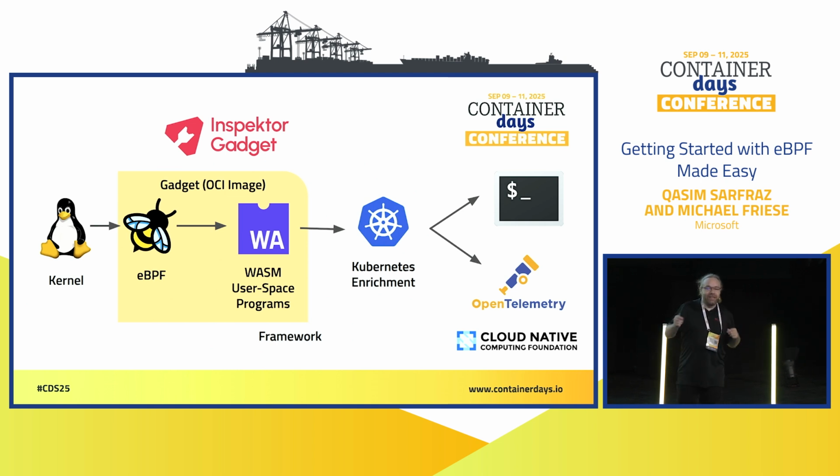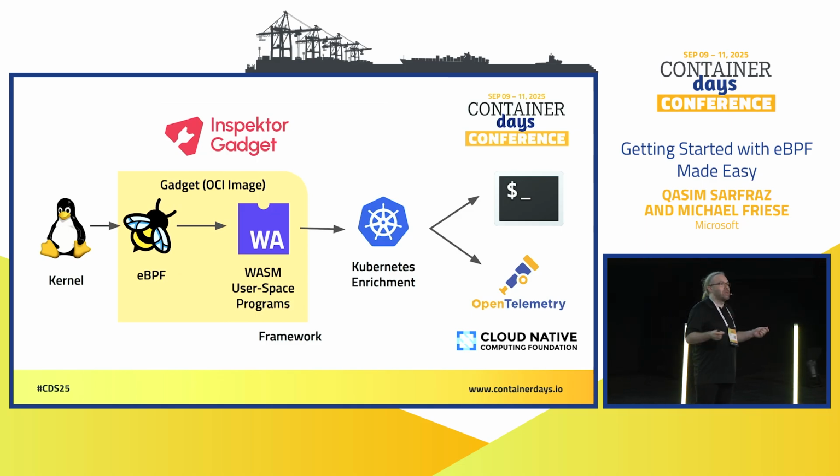And it doesn't just show what the kernel is delivering, but it also knows about those concepts that I just talked about, like nodes, pods, namespaces, and such. So it can enrich the data that is coming from eBPF with that data. And then you can either send it to your terminal if you want to just debug it, or you can export it to things like OpenTelemetry.